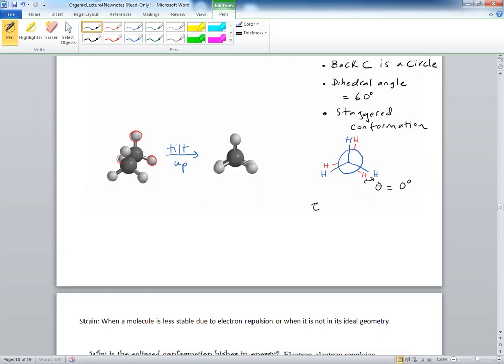And this is an eclipsed conformation. And it is the highest in energy, and we will explain why. So this is where we're at now.